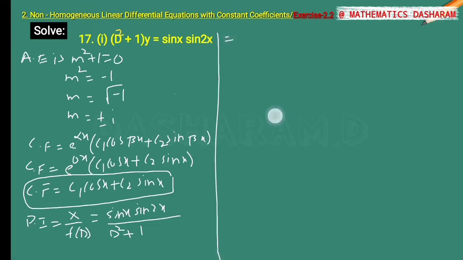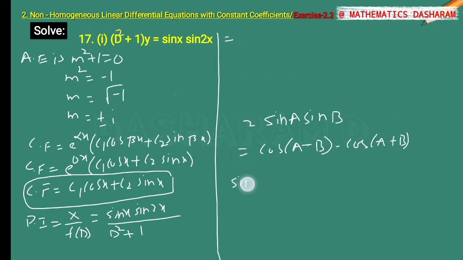So it is equal to, here apply the 2 sin A sin B formula, that is cos(A - B) - cos(A + B). From this, sin A sin B = 1/2 [cos(A - B) - cos(A + B)].